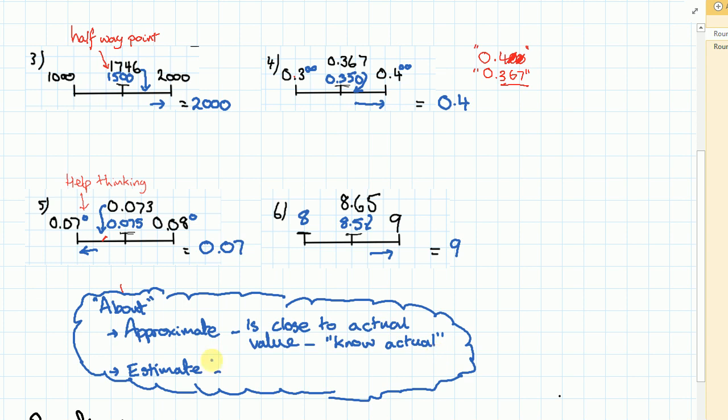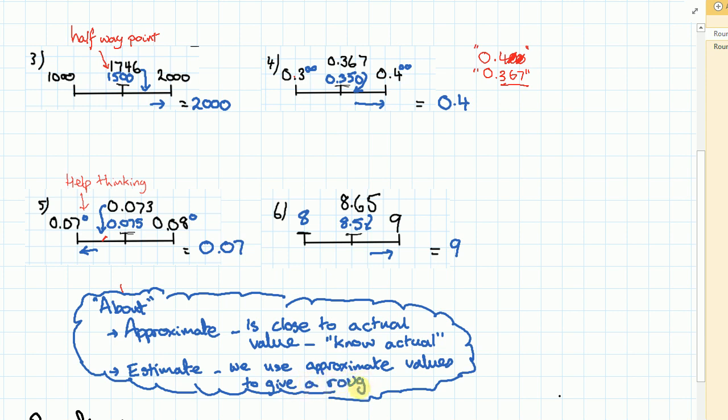When we estimate, we use approximate numbers or approximate values, and we do some form of calculation, probably the correct calculation but with approximate values, to give a rough idea.